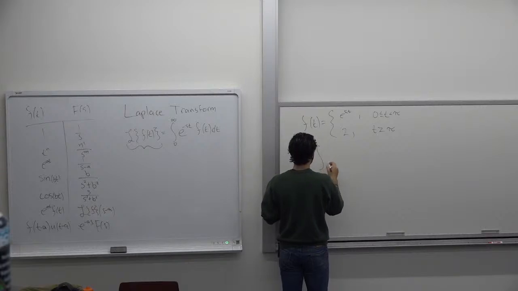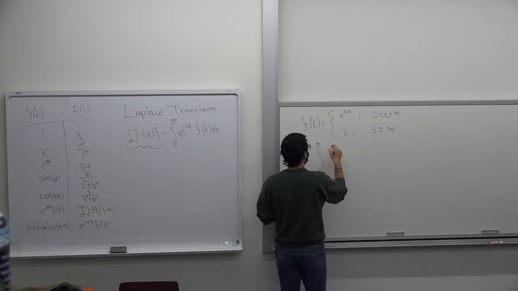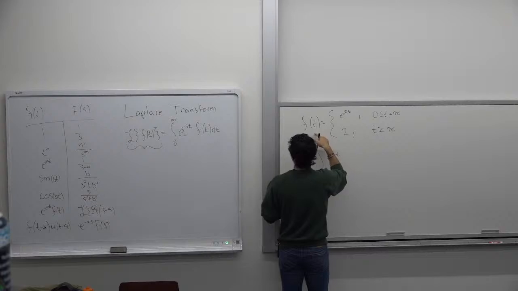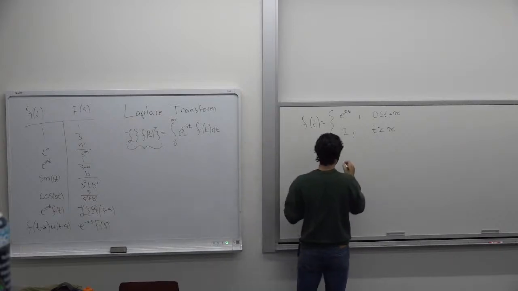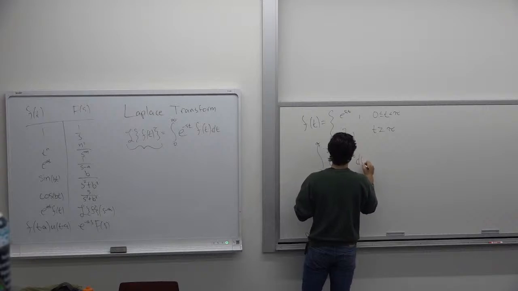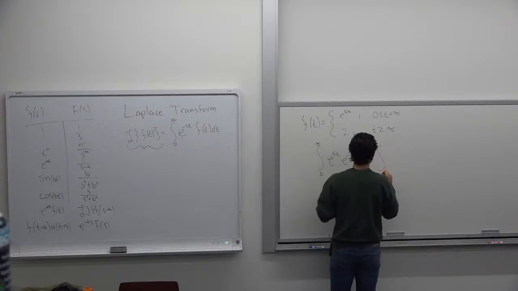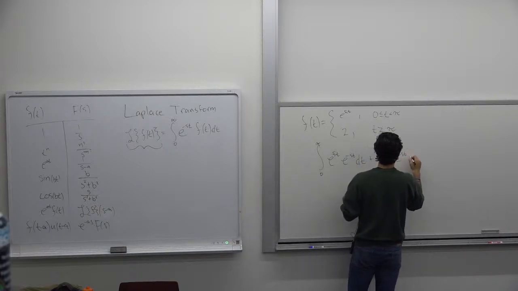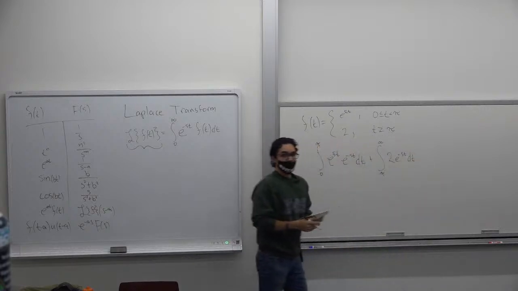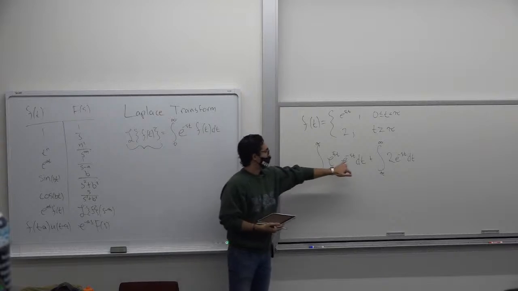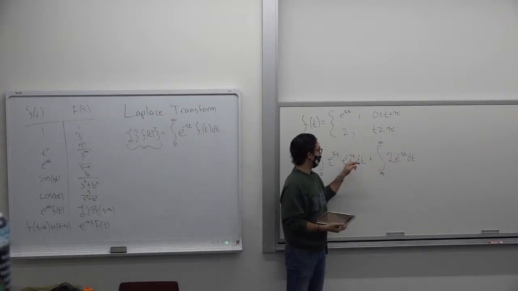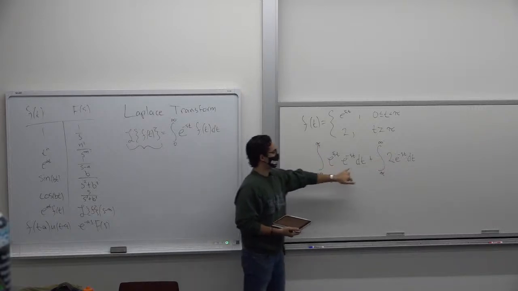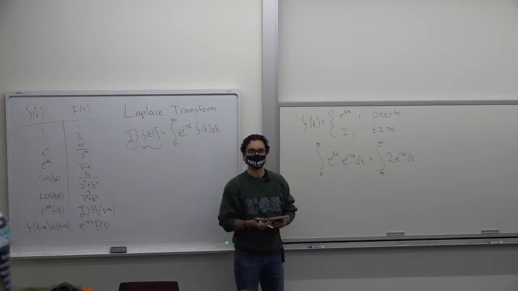So we have our function from 0 to pi, because that's our first piece: e to the 5t, which is our function, times e to the negative st dt, plus our integral from pi to infinity of 2 e to the negative st dt. Keep in mind this negative s is in terms of dt, so we can treat it as a constant in our integral.